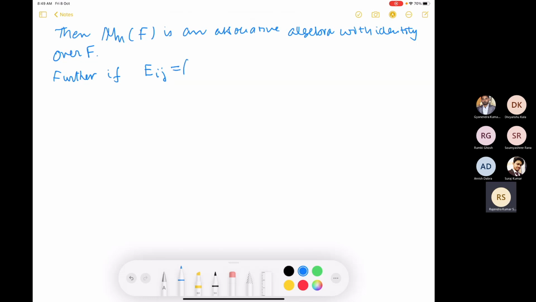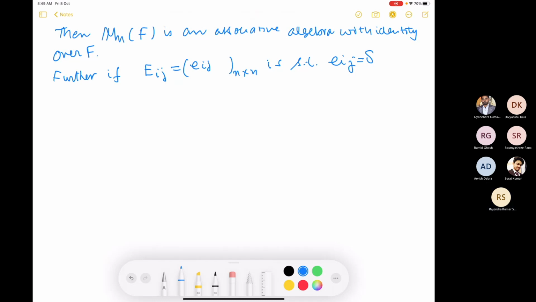So this is the matrix, let us say, n by n, such that Eij is delta.